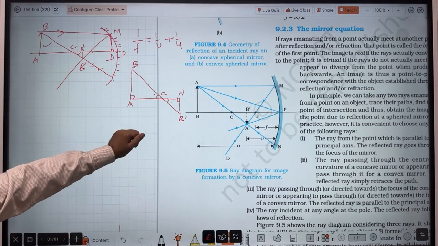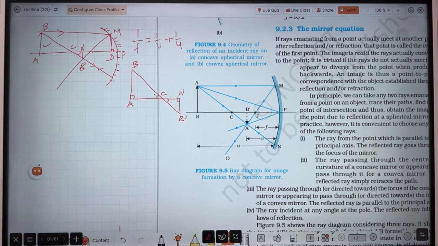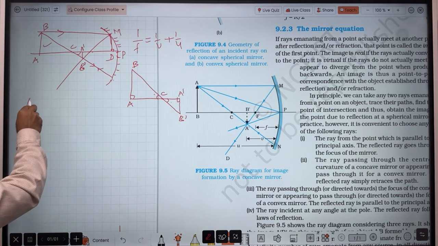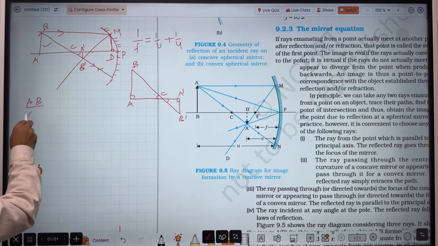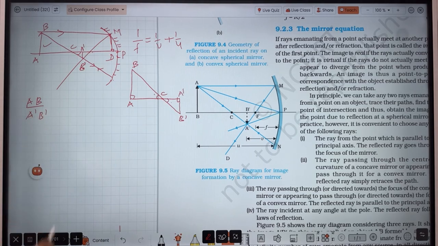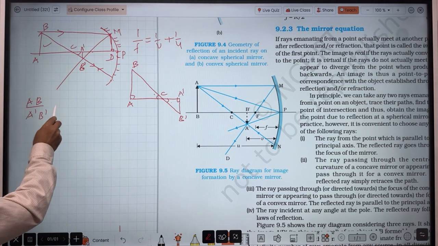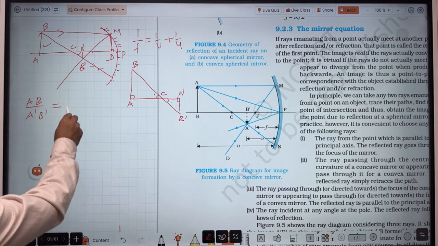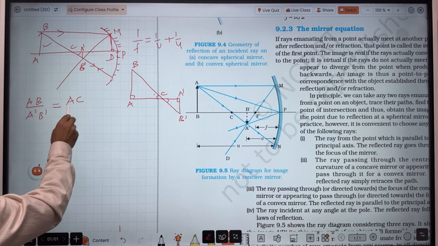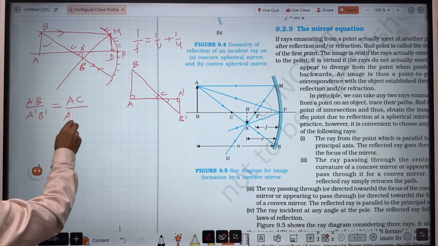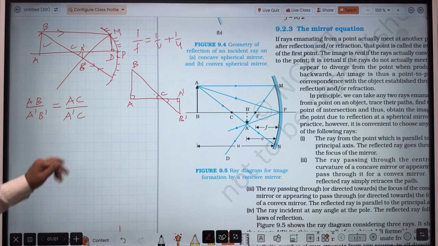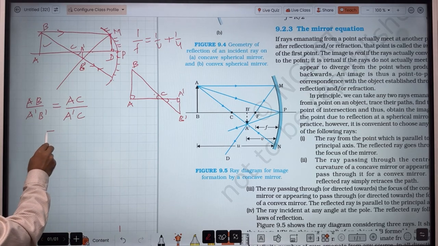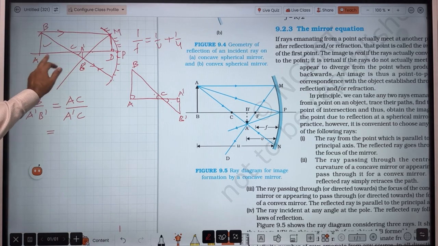So the triangles are similar. If they are similar, then the ratio of their sides will be proportional. So we can write AB divided by A dash B dash, right? And then the bases, AC divided by A dash C. Further, we can make some changes.